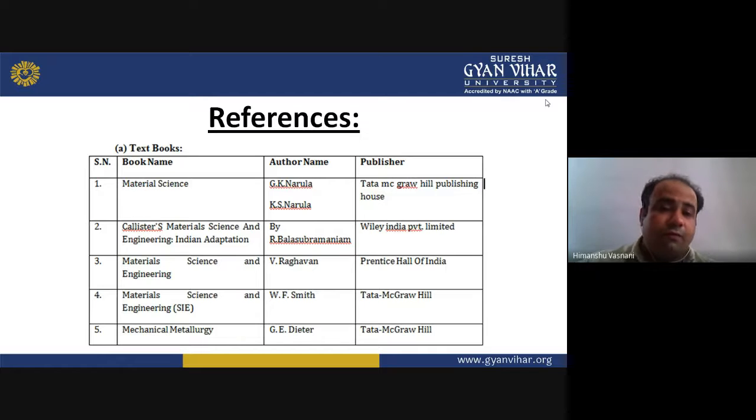If you want to study more about heat treatment processes, you can go through the references shown on the screen. These references will give you more knowledge in these topics, and you can also find more diagrams.